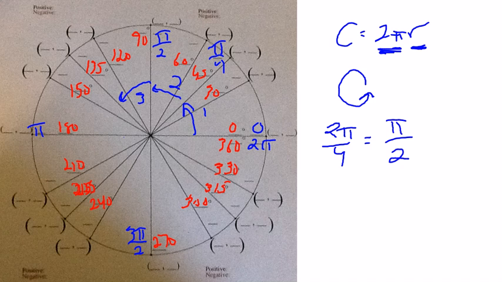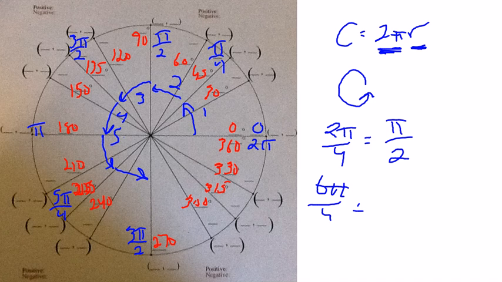So the third one is 135, which is hard to see there, but that is 3 pi over 4. Fourth one, 4 pi over 4 simplifies to pi. That's good. Next one, 5 pi over 4. Not written yet, so it gets it. Next one, I'll do it over here. 6 pi over 4.